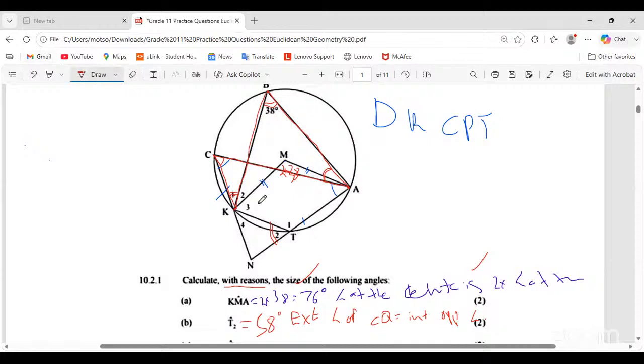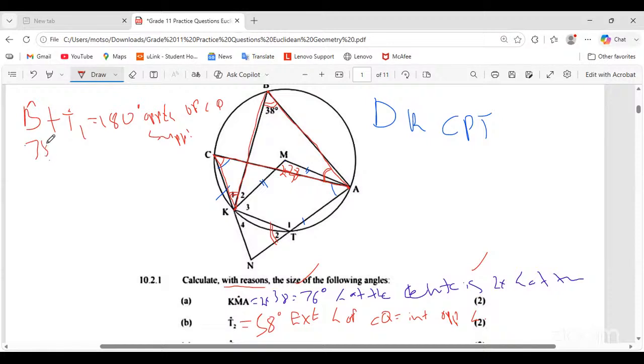We said this is a cyclic quad, and opposite angles of a cyclic quad are supplementary. So angle B plus angle T1 is equal to 180 degrees. Why? Because opposite angles of a cyclic quad are supplementary.